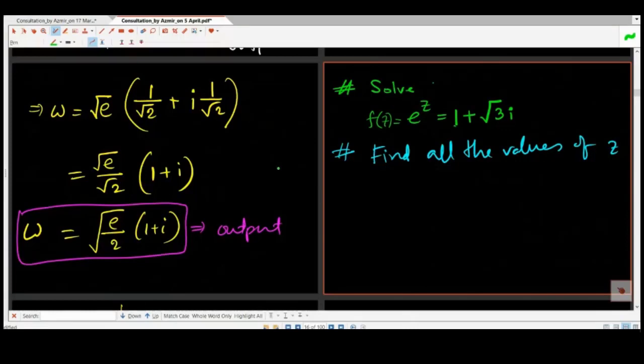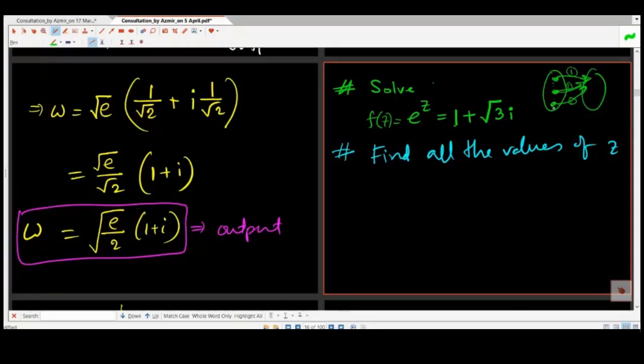So this z can be many values. Let's see what happens. That means this time we have so many values of z. This z has an output, this one. This z has an output, the same one. This z has an output 1 plus square root of 3i. So for every input, how many outputs are we getting? 1. For this input, we are getting this output. For this input, we are getting 1 output.